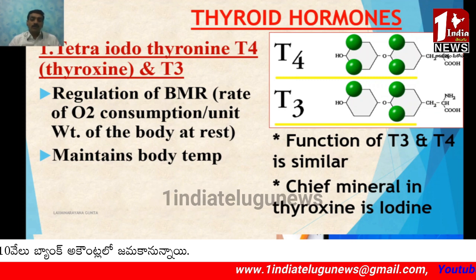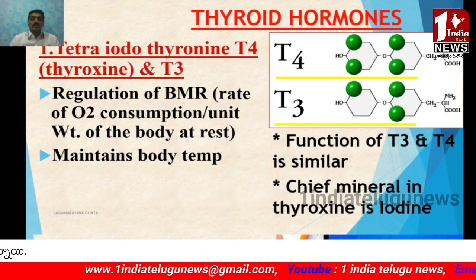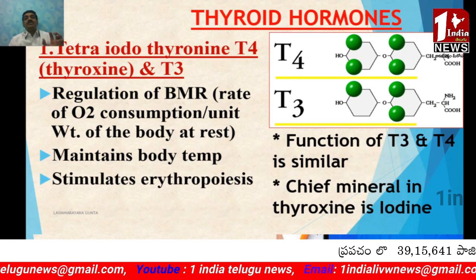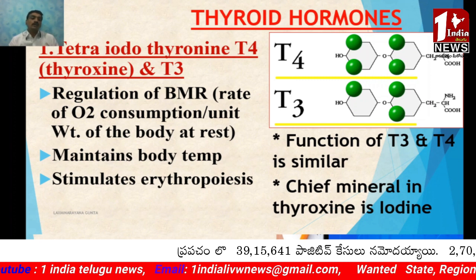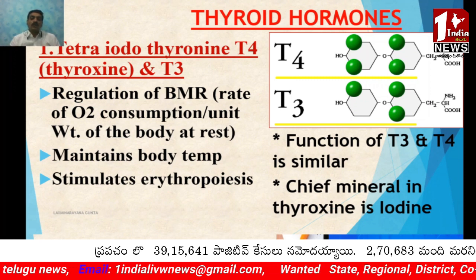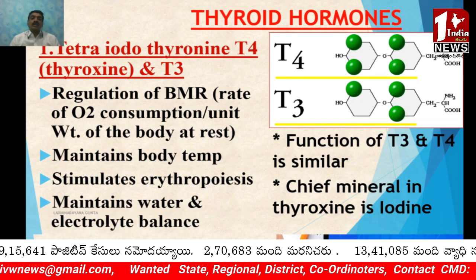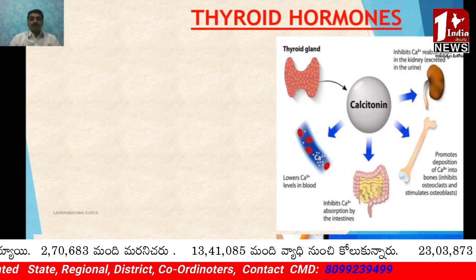As a result of metabolism, some amount of heat is released, which is meant for the temperature of the body. It also stimulates erythropoiesis, the production of red blood cells. It maintains the water and electrolyte balance. These are the functions of thyroxine hormones.